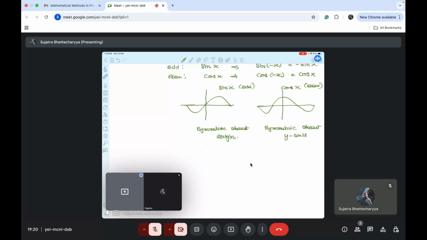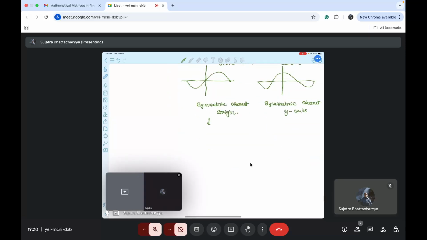So when you have to integrate this, say from minus pi to pi, for an odd function the integral from minus pi to pi vanishes. But if you have to do, say, minus pi to pi cos x dx, you can write this as 2 times integral 0 to pi cos x dx.